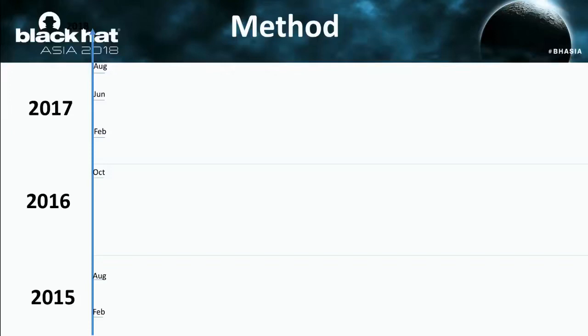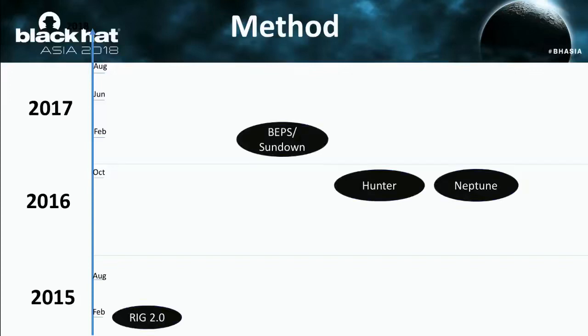We made a detailed analysis of the source code, and we chose these 4 exploit kits to redeploy their attack infrastructure in our lab environment. These are RIG-2, Beeps or Sundown Exploit Kit, and the third is Hunter and Neptune Exploit Kit. We redeployed their attack servers in our lab environments.